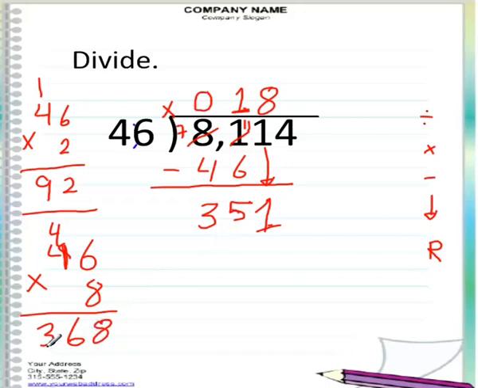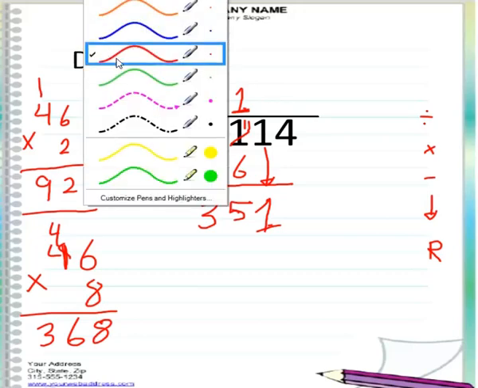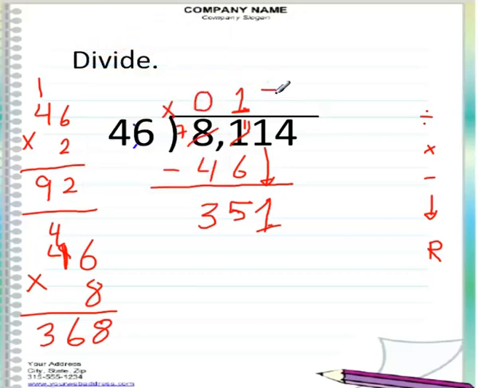Here the answer is 368 and this is 351. So I have to change the 8 and I will take 7. So I will erase 8 and I will take 7.